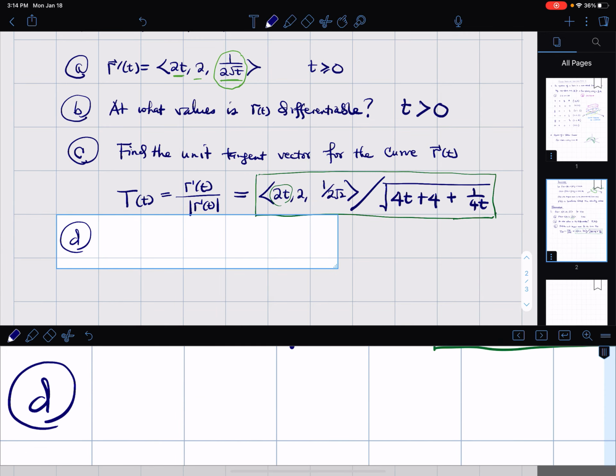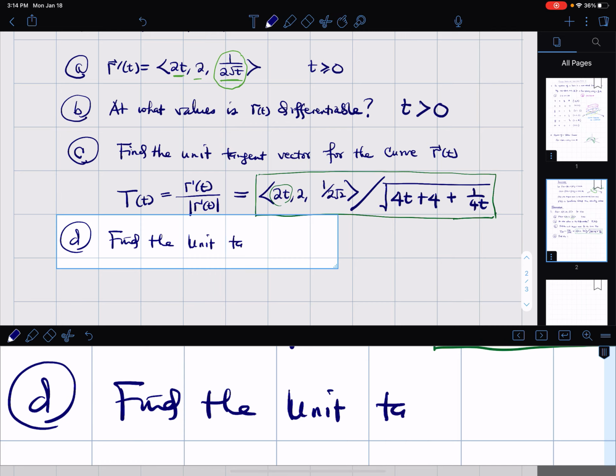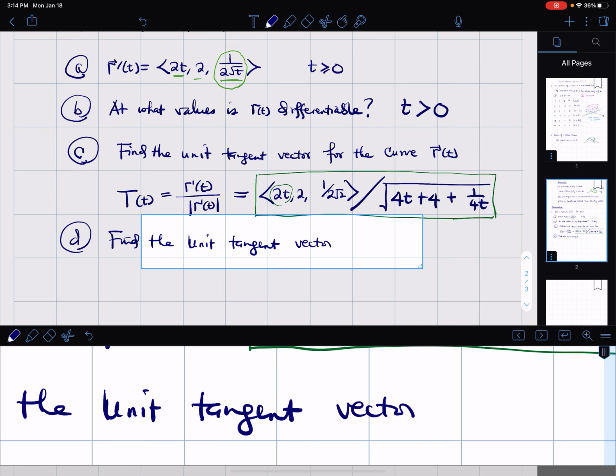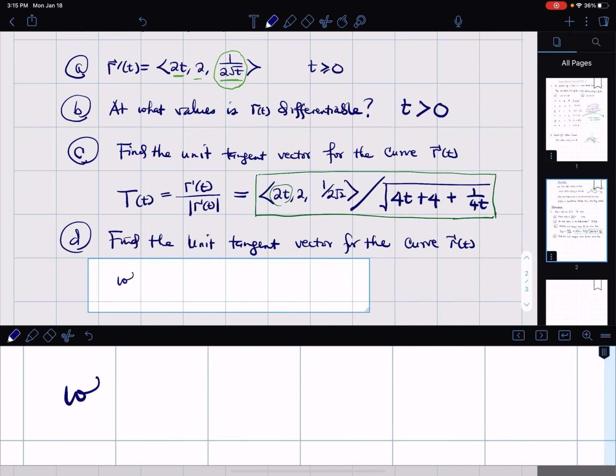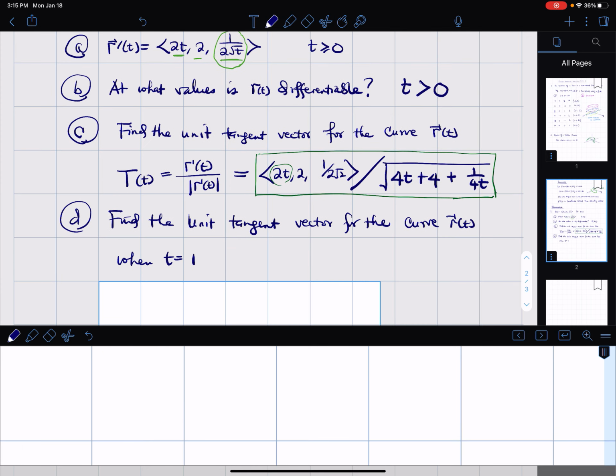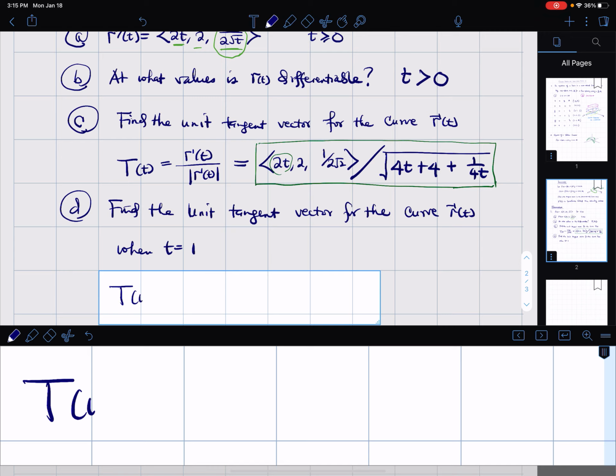In the D part, we want to find the unit tangent vector for the curve r of t when t is equal to 1. So all you have to do is plug 1 into the answer we just got.